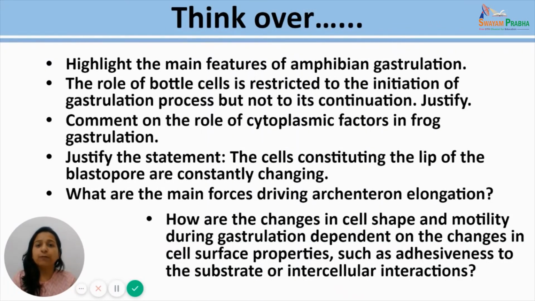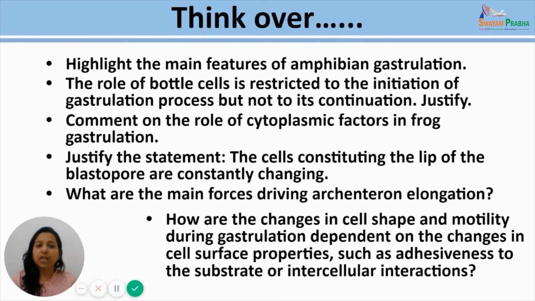What are the main forces which drive the elongation of the archenteron, whether they are the bottle cells, whether they are some kind of gastrulation movements? So you have to write down the name of the gastrulation movement here and the cells which drive the elongation of the archenteron or the future gut. Then, how are the changes in cell shape and motility during gastrulation dependent on the changes in cell surface properties such as adhesiveness to the substrate or intercellular interactions?